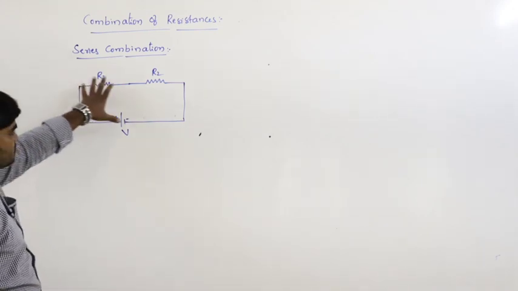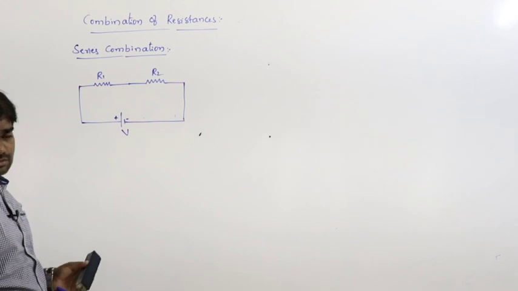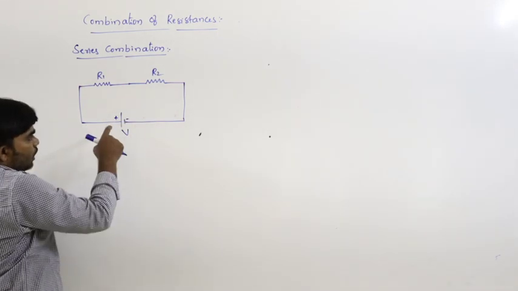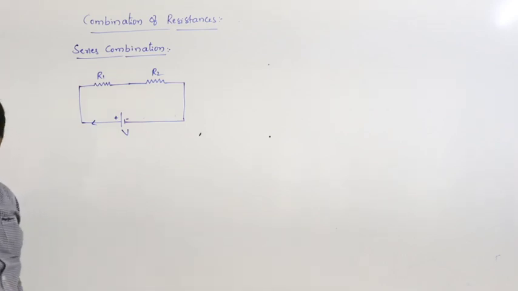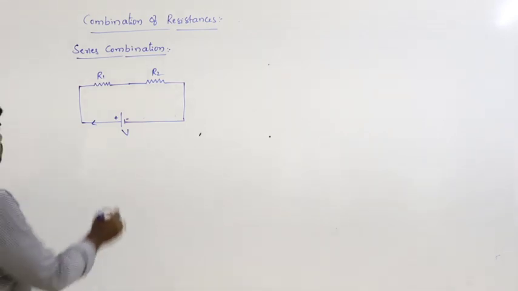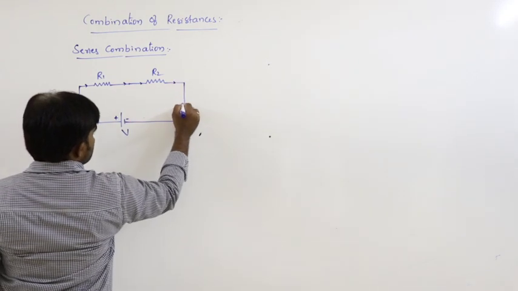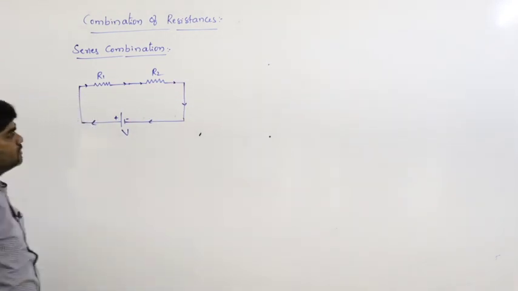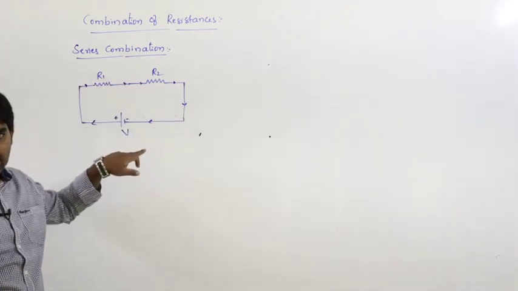Now, if the circuit is closed, so this is the closed circuit. Now the current passes through this closed circuit. This is the way the current passes, like this.